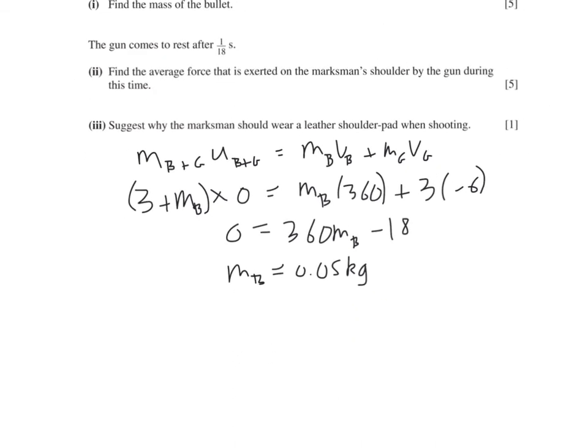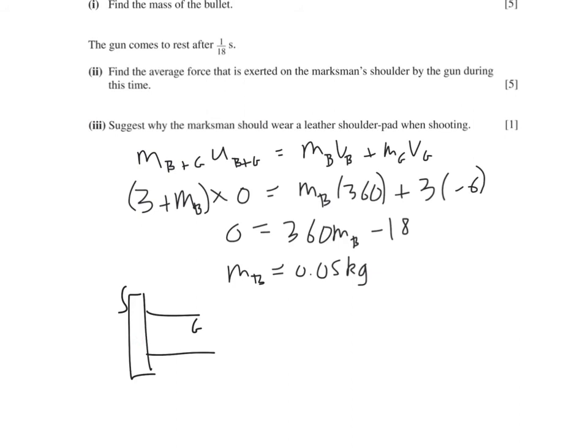So, what's happening here? I can't draw, it's a problem for this question. We've got the shoulder, and then we've got the gun. So here's your shoulder, and the gun is going into the shoulder.